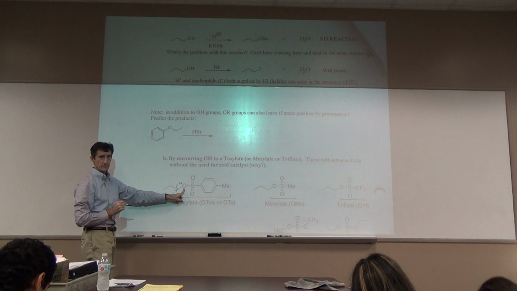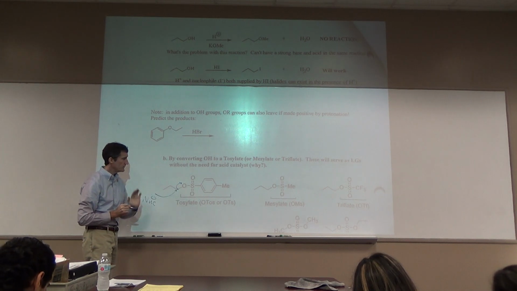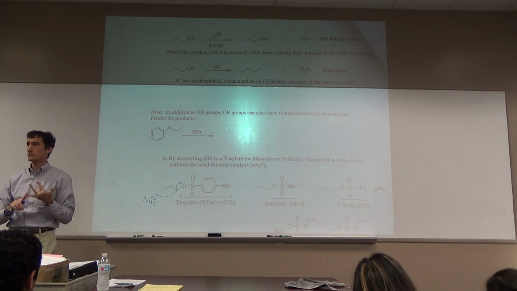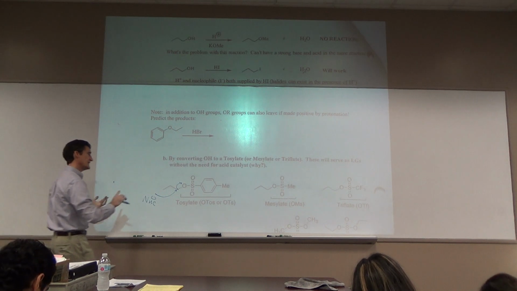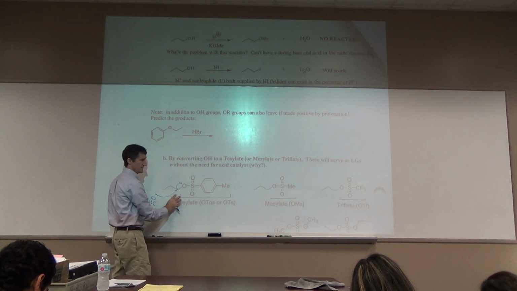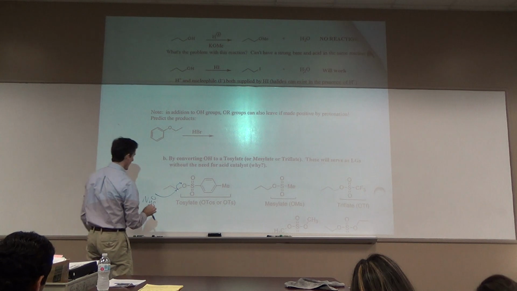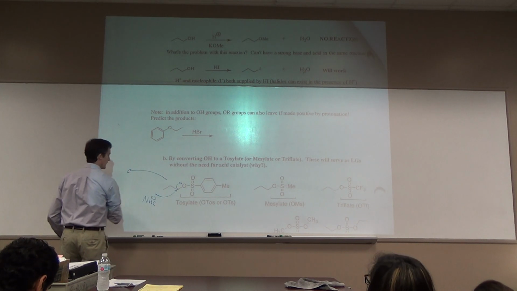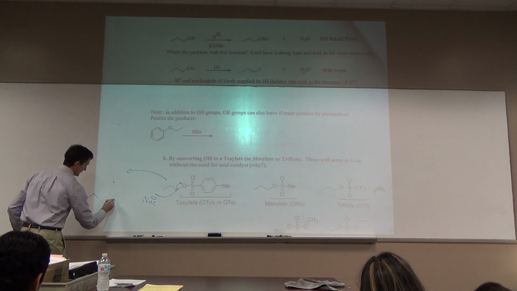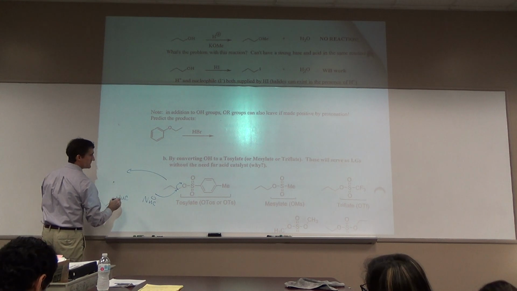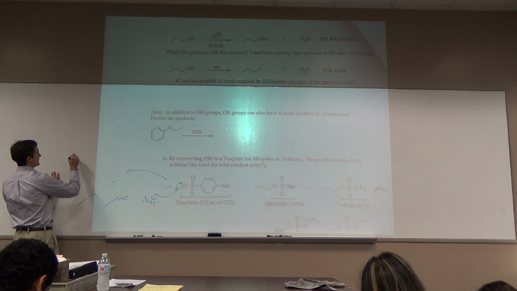You don't have to protonate this oxygen. It will leave on its own, just like a bromine or iodine will. It's actually almost better than a bromine or iodine. Why?